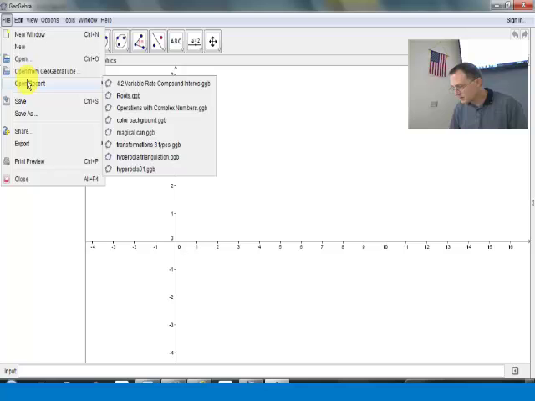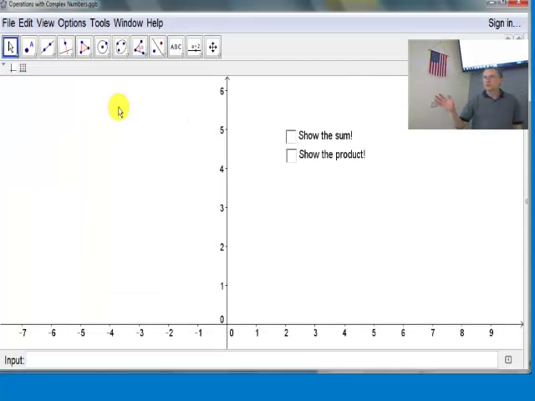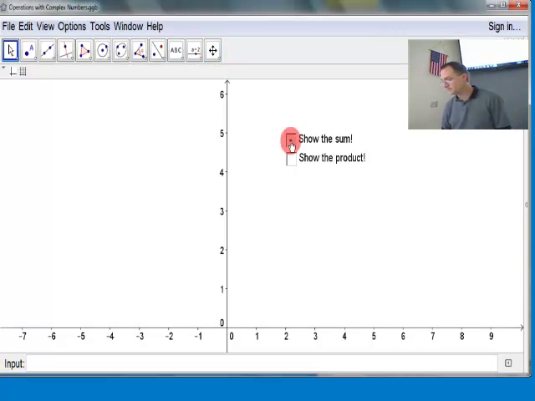Where does it say operations with complex numbers? There it is. You could let the real part be where it is along the x-axis, and let the imaginary part be where the number is on the y-axis, basically. Let the real axis, the x-axis represent the real part, and the y-axis represent the imaginary part.